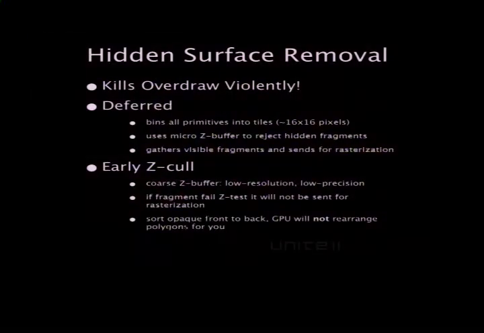While on this small tile, it can use a small micro Z buffer or some other ways to figure out that, okay, I don't need to render those polygons because they will be occluded by others.